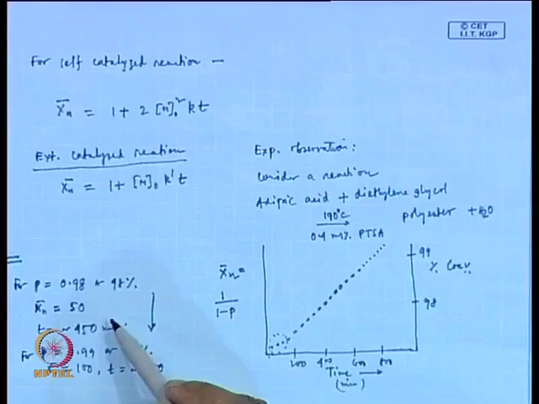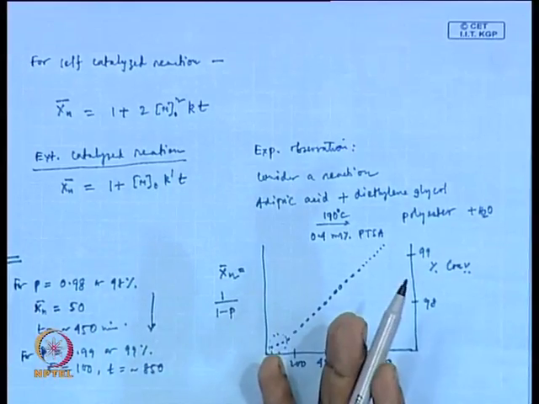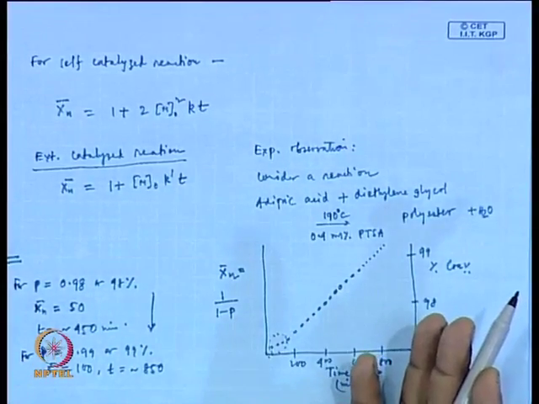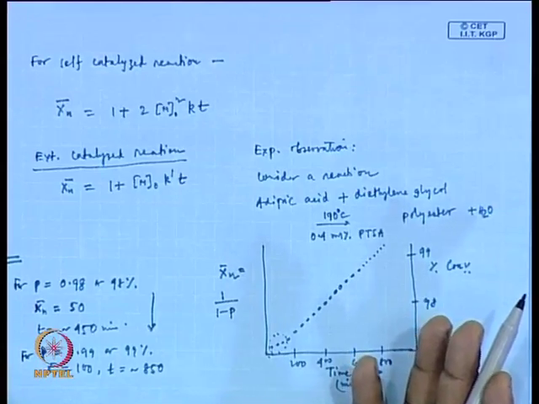For an organic chemist doing an esterification reaction for small molecules, a 98% conversion may be quite satisfactory, which means that at 450 minutes he can stop the reaction and take the product, which is quite sufficient.